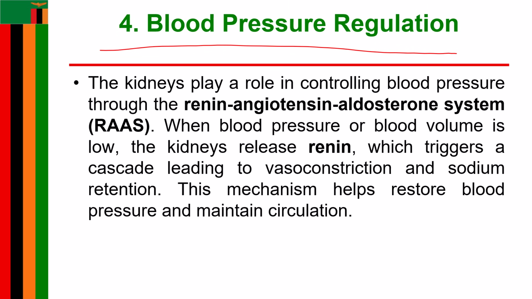This means that when the blood pressure is low or the blood volume is low, the kidneys release renin, and renin triggers vasoconstriction and sodium retention, and this ends up increasing the blood pressure. When the kidneys are working in a normal capacity, this mechanism helps restore the blood pressure and maintain normal circulation. And that is why the kidneys have a function of blood pressure regulation.